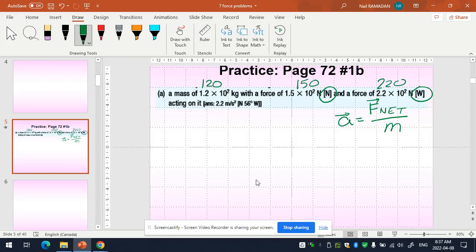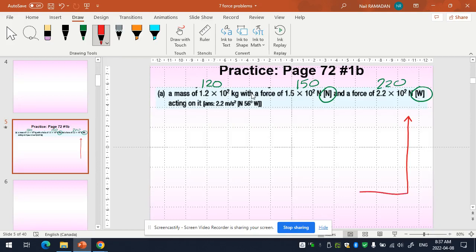So the first thing we're going to do is sketch. So I'm going to erase this. Since north could be done here and west, we'll do it here. Which one has a longer magnitude? West. So just make sure you scale it nicely to make sure that your angle also makes sense.